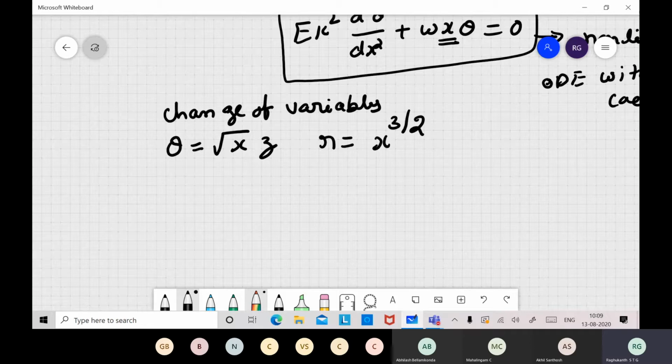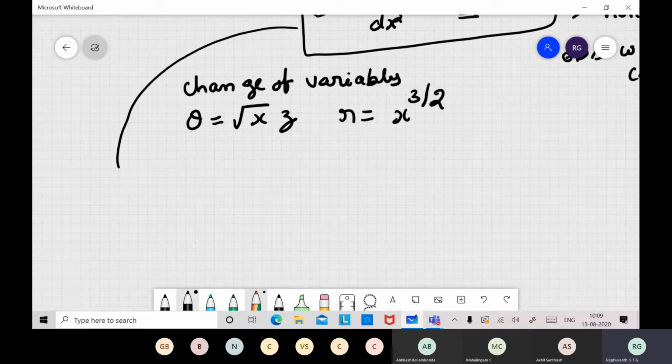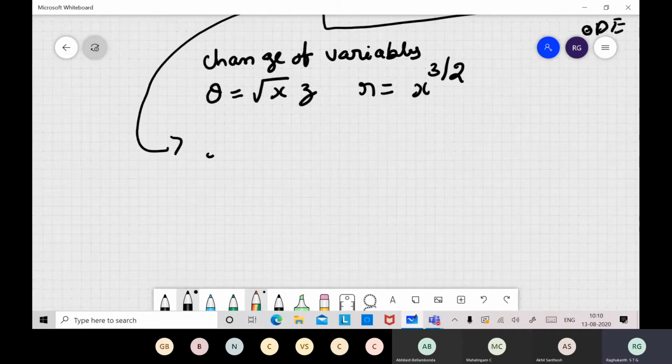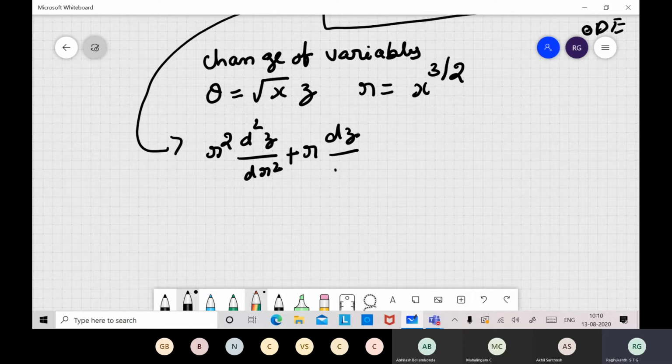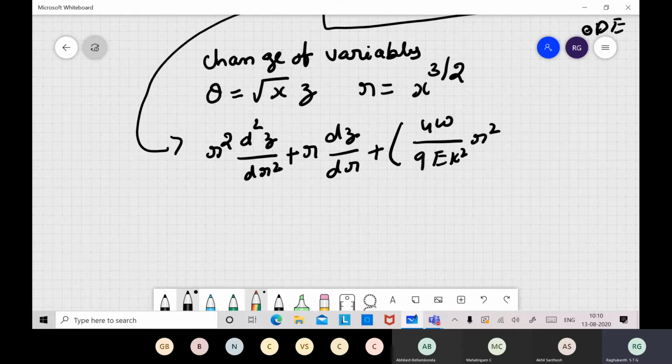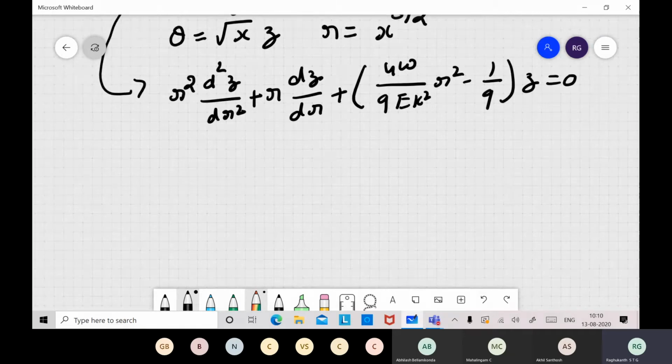So the equation can be written as r² d²z/dr² plus r dz/dr plus (4w/9E k² r² minus 1/9) z is equal to 0. So you get a nice equation like this.